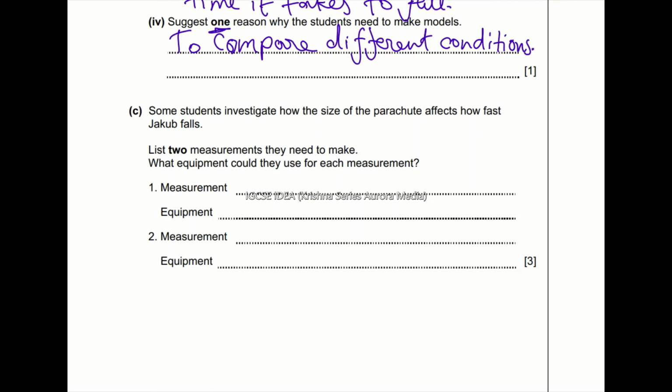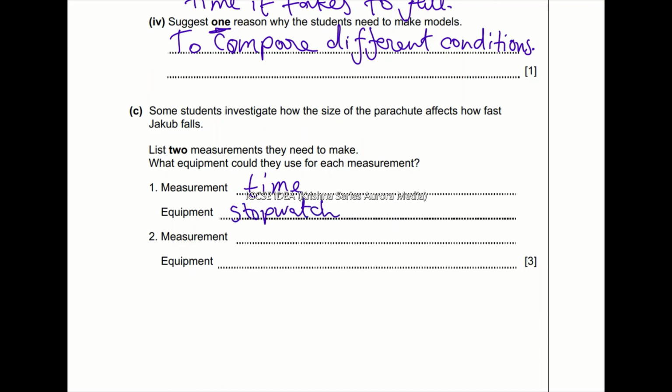Now, first, I'm going to write time, and they can use a stopwatch. Next, I'm going to write ruler for the area of parachute.